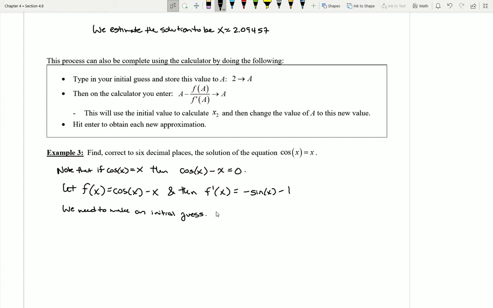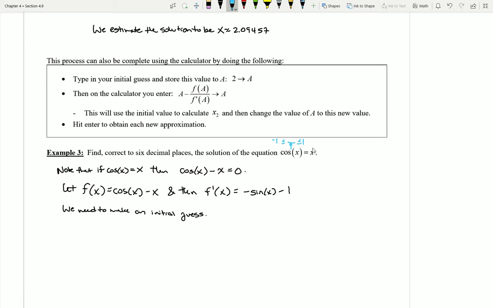In fact, there's not necessarily a right or a wrong initial guess. I mean, there are probably better and worse ones. Let's just think about a couple quick things here. We know that the output of the cosine function is only going to be between -1 and +1. That's the only thing that the cosine could ever produce.